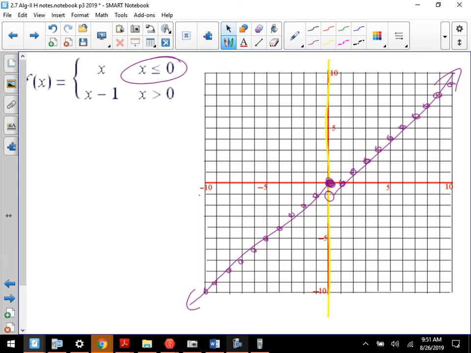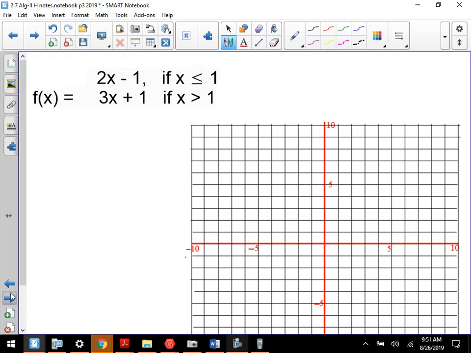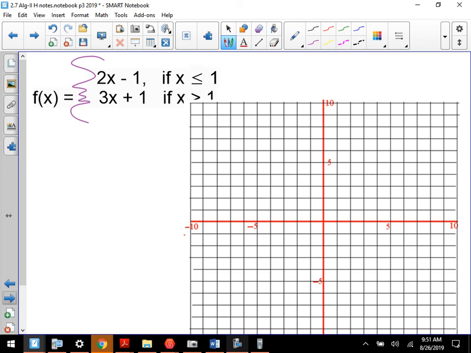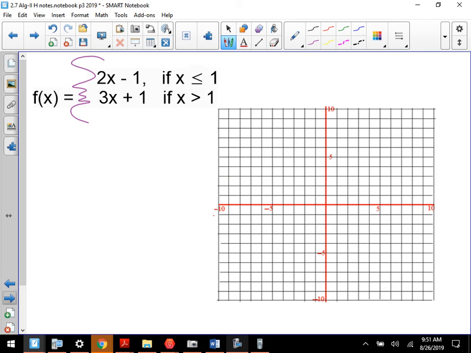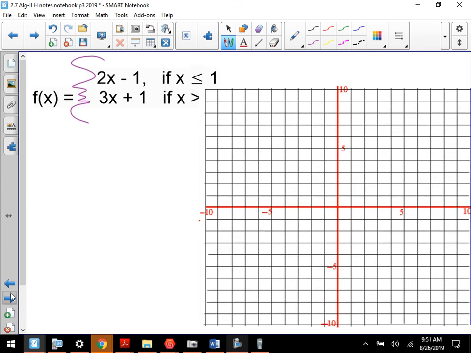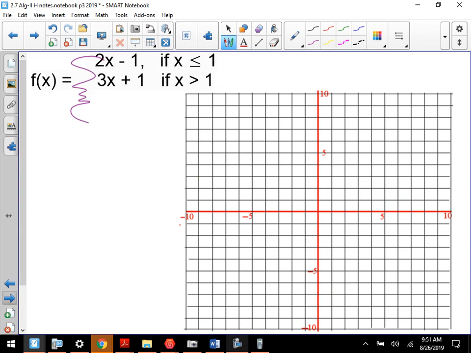Okay, let's try another one. Same idea. Again, the idea is if you want, put that little lightly shaded vertical line at 1.